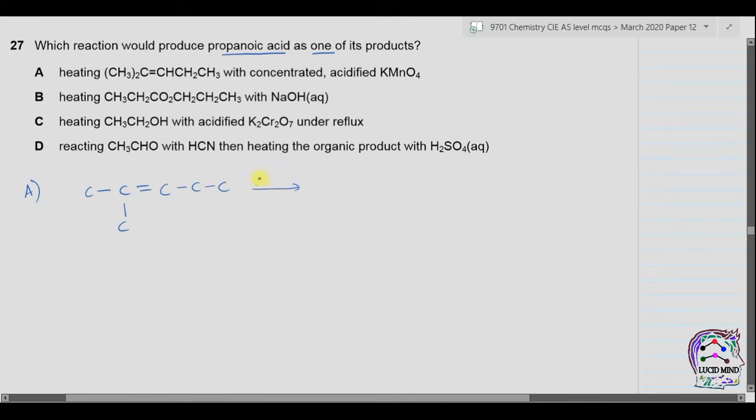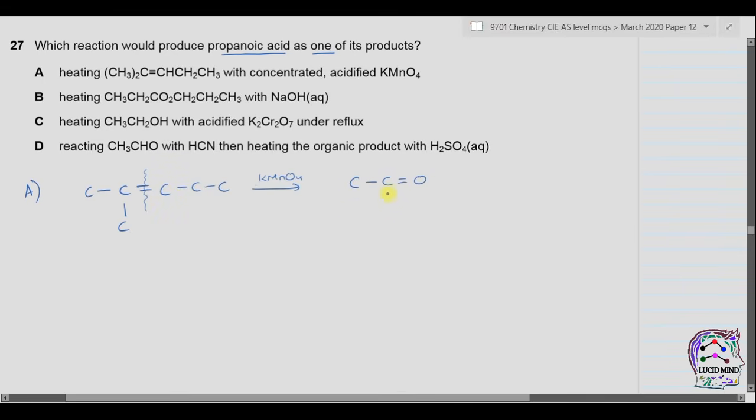So we know that when concentrated acidified KMnO4 is used, it will break the double bond and oxidize each of the sides. So one of the sides will be converted into ketone while the other one is converted into aldehyde.